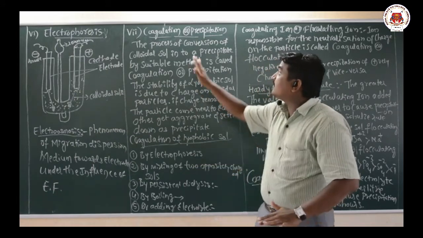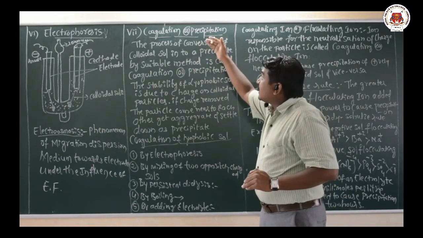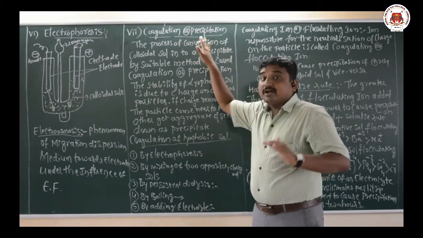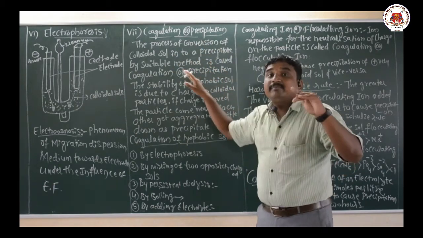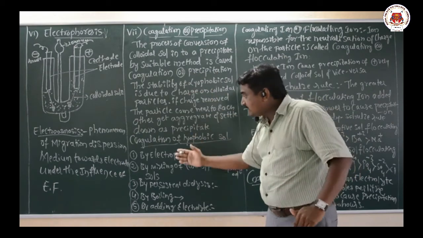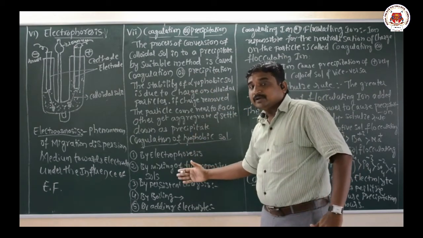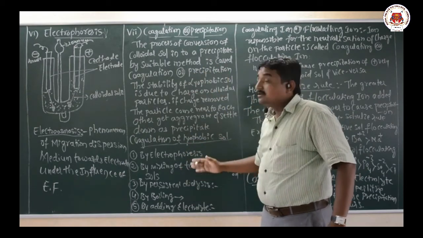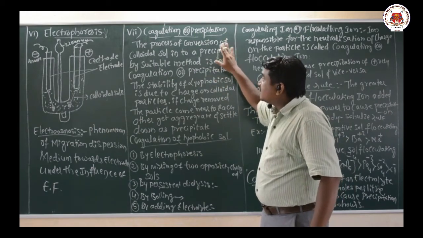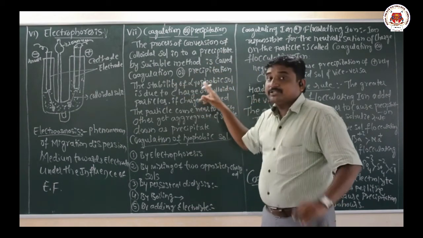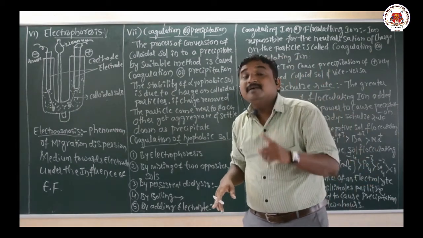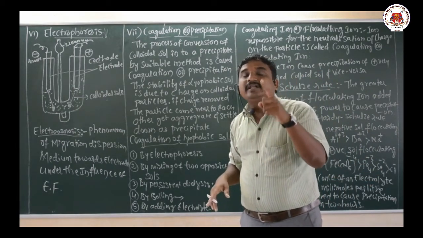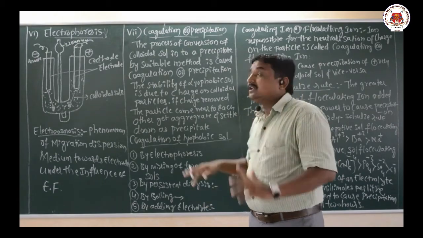That phenomenon is called coagulation. Coagulation is a process of conversion of colloidal sol into precipitate by a suitable method. We have some methods by which we coagulate the colloidal sol. Coagulation is the process of settling of colloidal particles.